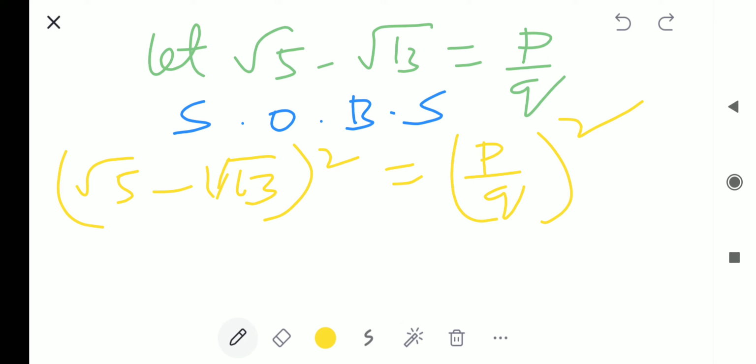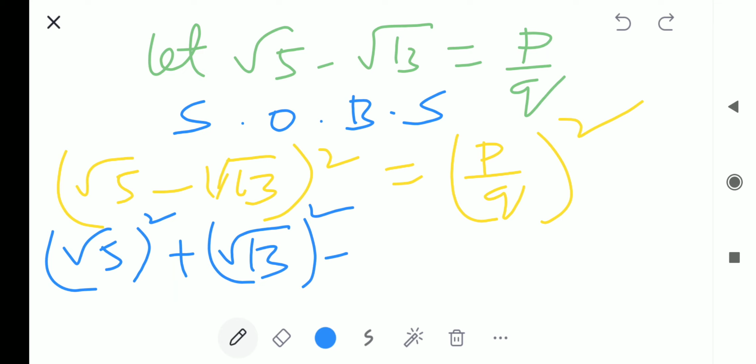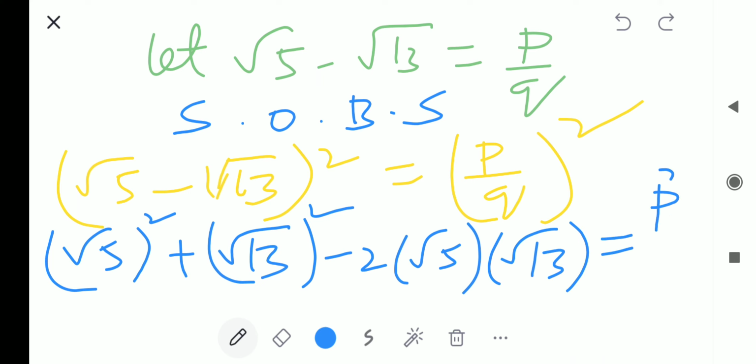Root 5 minus root 13 whole square is in the form of a minus b whole square. The formula for a minus b whole square is a square plus b square minus 2ab. So a square, root 5 square plus b square, root 13 square minus 2ab, 2 root 5 into root 13 is equal to p square by q square. Next continuation.